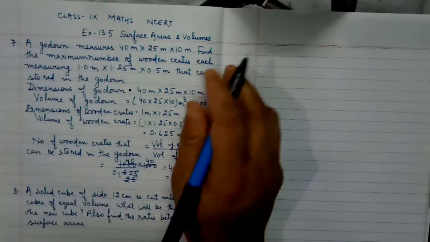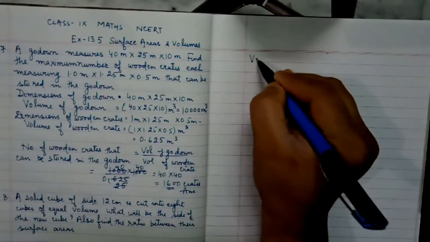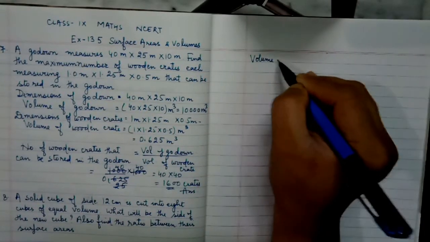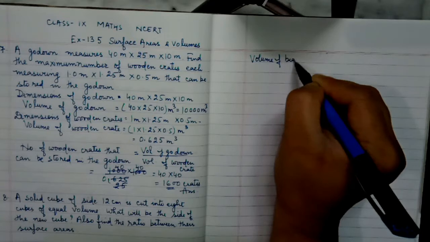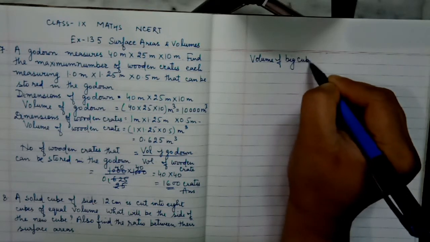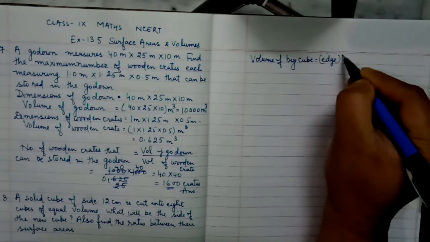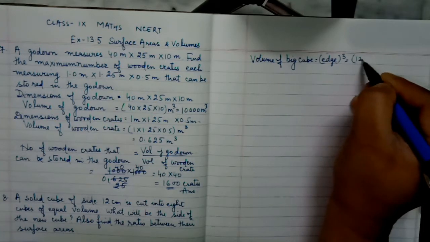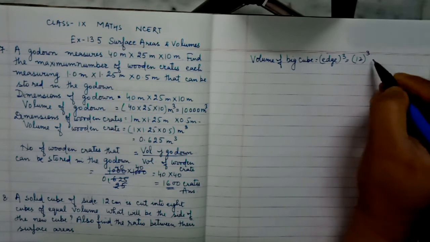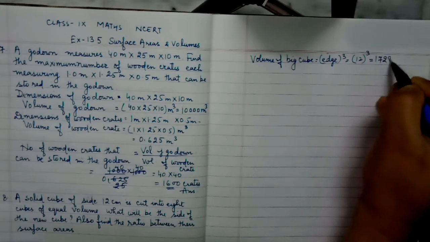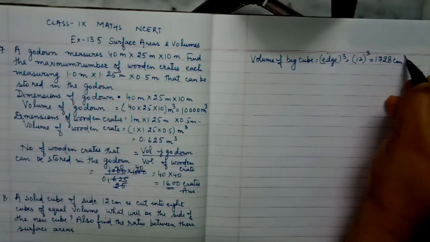Okay, now volume of bigger cube is equal to edge cube, which is equal to 12 cube, which is equal to 1728 centimeter cube.